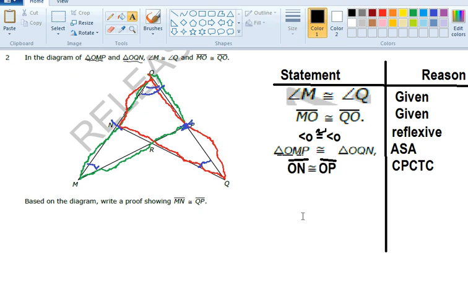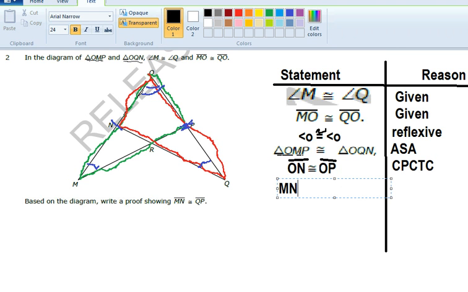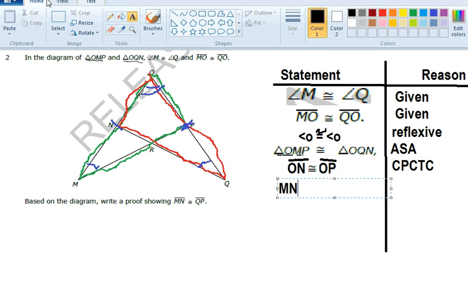And lastly, we have to show that MN is congruent to QP. And we can go ahead and say that MN is congruent to QP. And the reason we know that is the subtraction postulate.